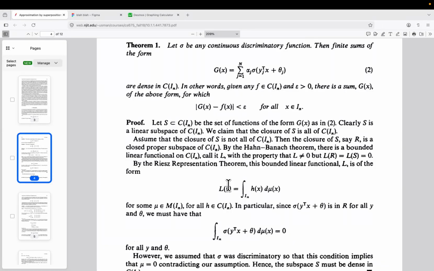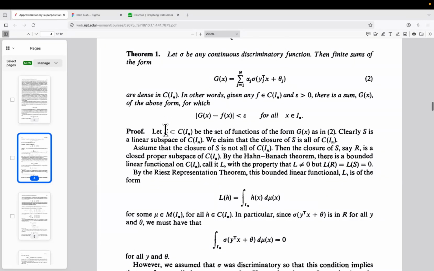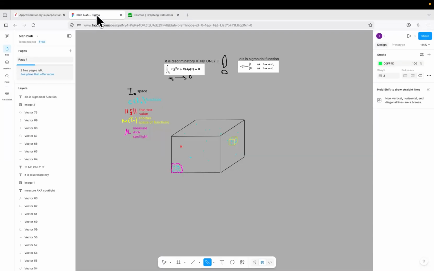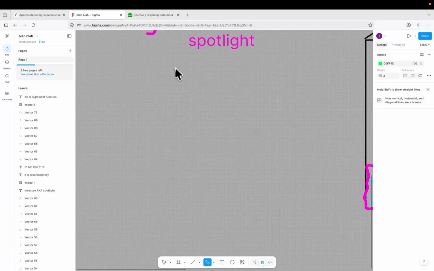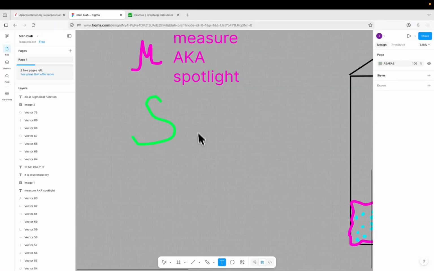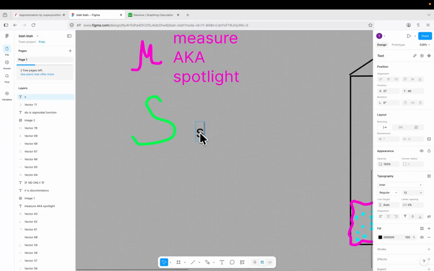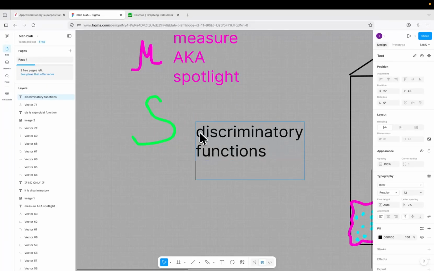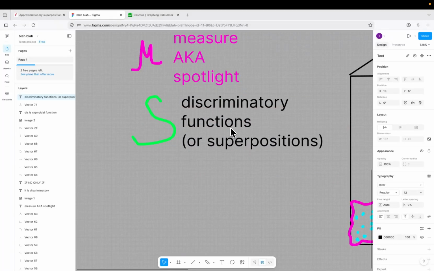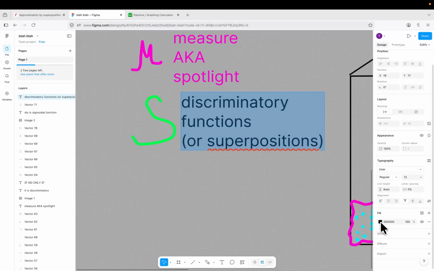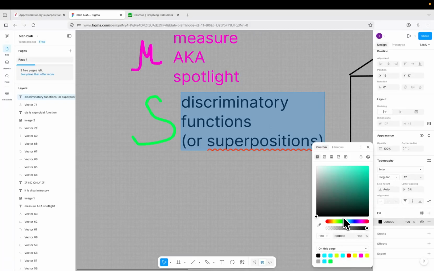Let's denote our S. This is going to be a little bit non-scientific, because I don't exactly know the properties of a discriminatory function.